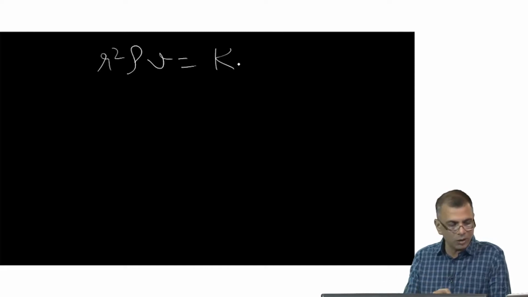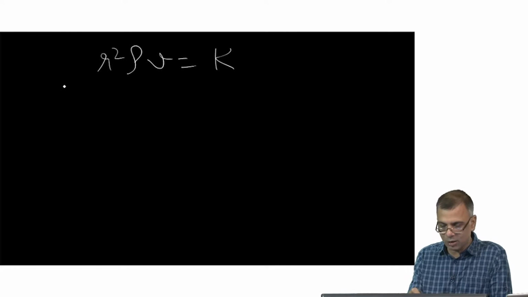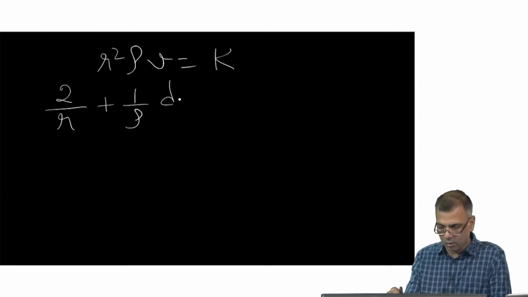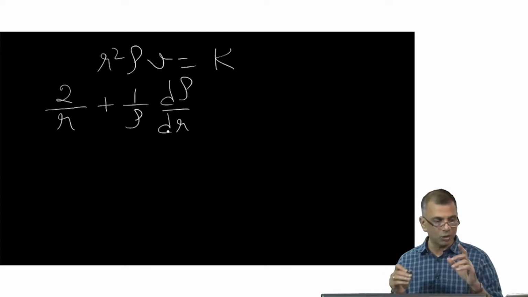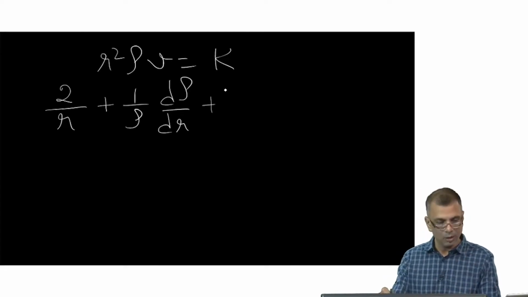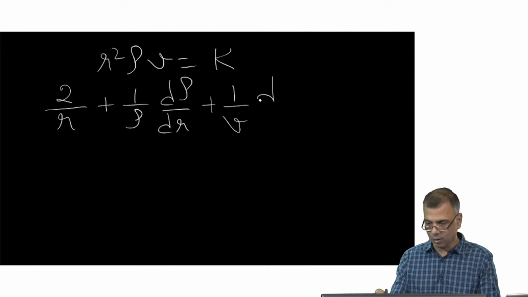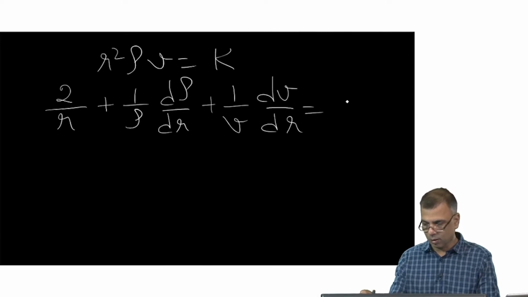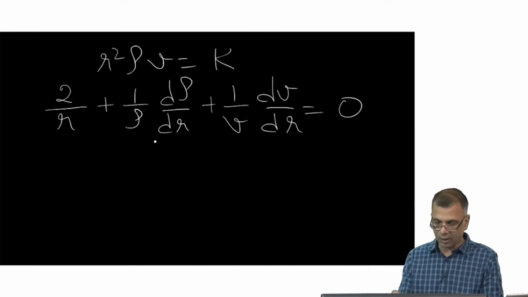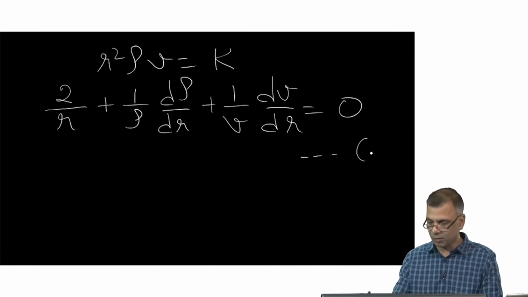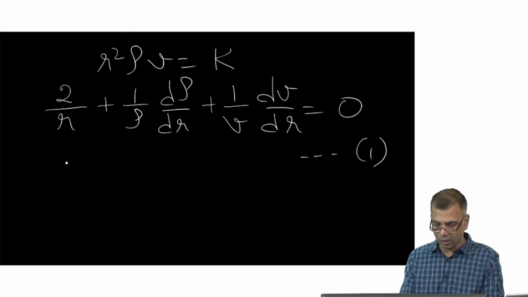When I differentiate both sides with respect to r, the mass conservation equation becomes, remember, these are straight derivatives, not partial derivatives, because of the assumption of spherical symmetry, 0, because dk dr is 0. So, this would be equation 1.